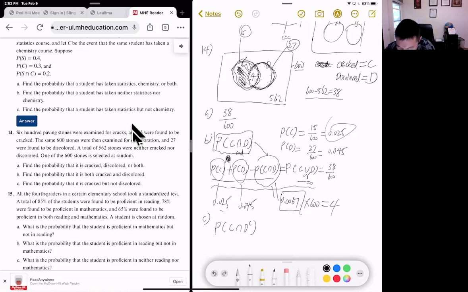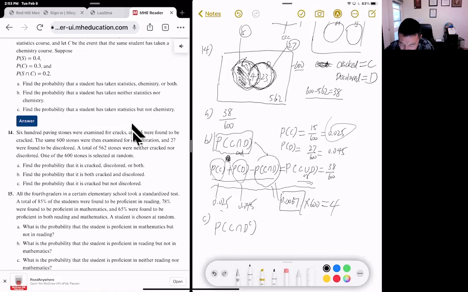For example, the circle of D is 27. 27 of them discolored, and 4 of them is both correct and discolored. Then in this area is 23, because 27 minus 4 is 23.